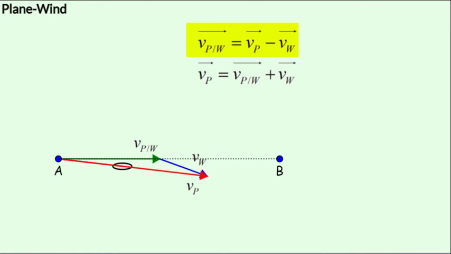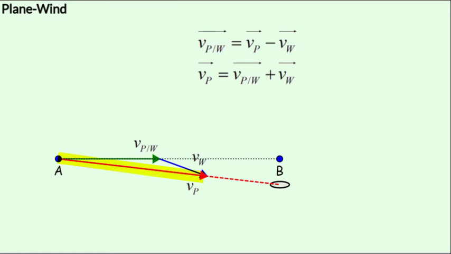The vector Vp with respect to W is Vp minus Vw by definition. We rearrange this so as not to have a negative sign in the equation. So we get Vp equals Vp with respect to W plus Vw. Vp with respect to W is the direction that the pilot sets out in, and therefore is also the orientation of the plane.